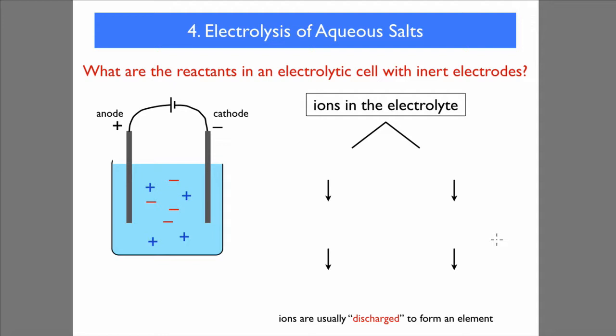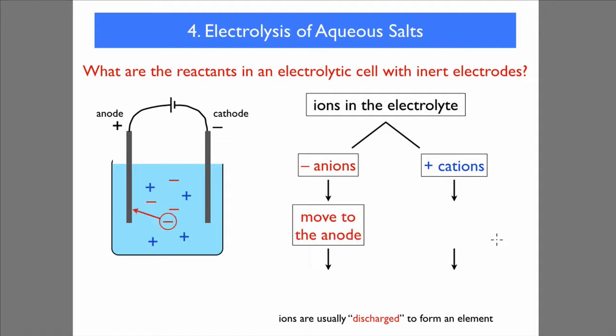Electrolysis of aqueous salts. What are the reactants in an electrolytic cell with inert electrodes? Well, we have the negative anions and the positive cations in the electrolyte.